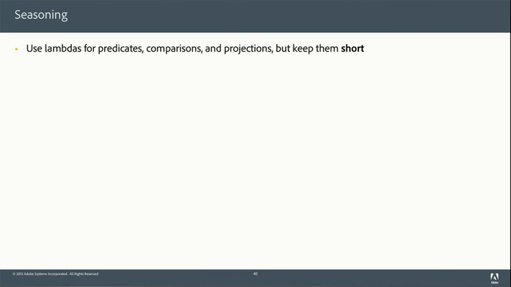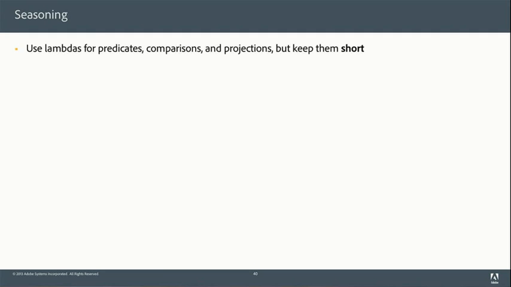Another tip. Use lambdas for predicates, comparisons, and projections, but also keep them short. My rule for lambdas is exactly the same as for the body of a for loop. A composition of two functions with an operator is about the extent that I like to see in a lambda. A lot of times I will see people write these really long comparisons, and it's the same thing Bjarne put up on the slide for mergeable.